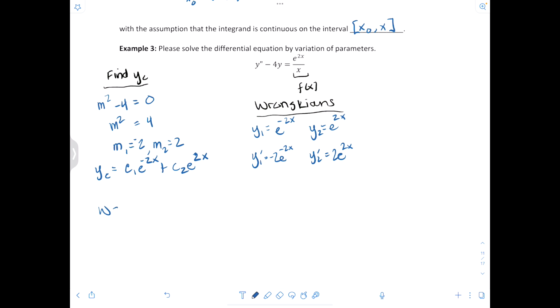And so w will be e to the negative 2x, negative 2e to the negative 2x, first column, and then e to the 2x and 2e to the 2x, second column. And then that's just going to be 2 minus negative 2.